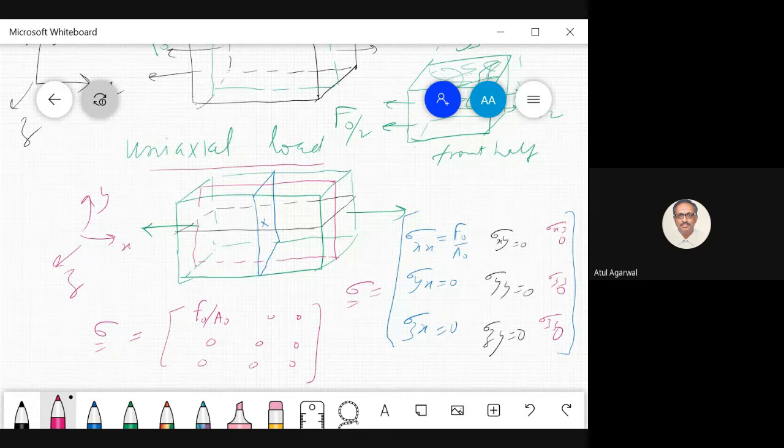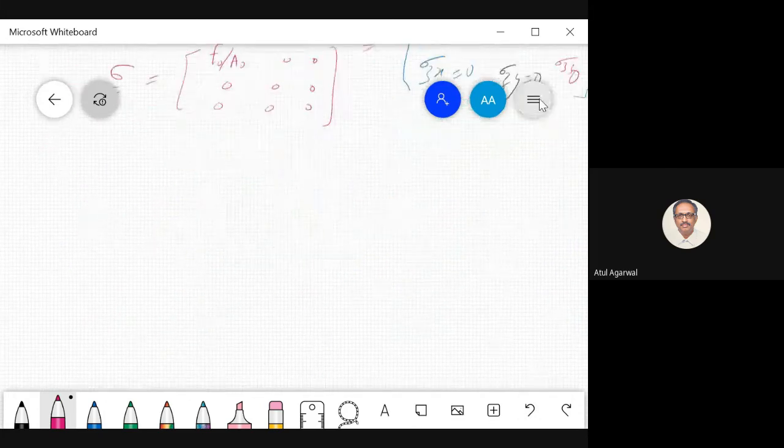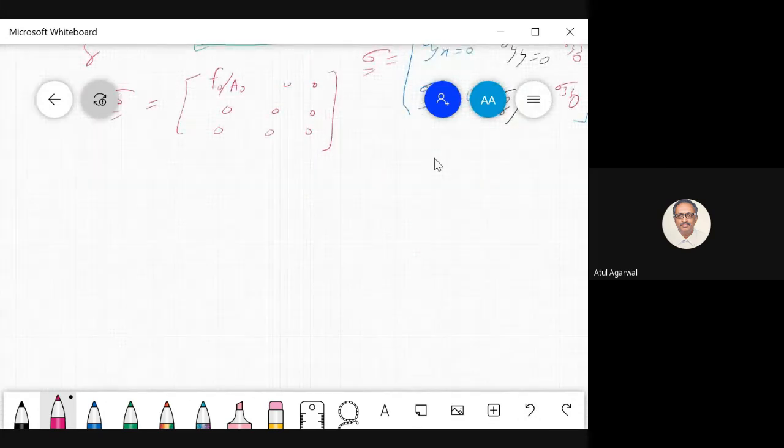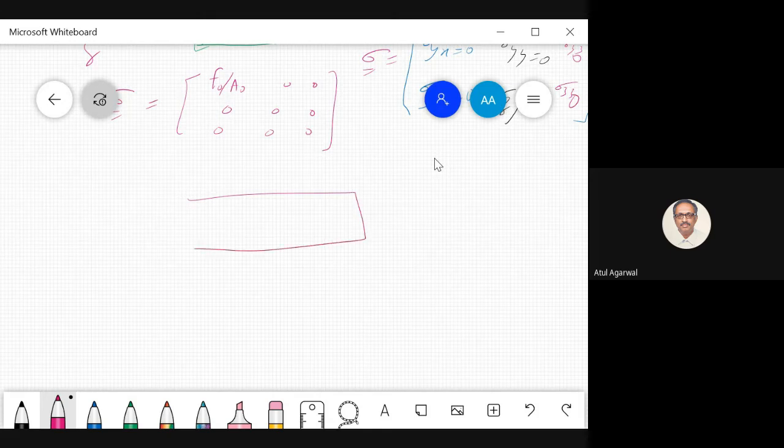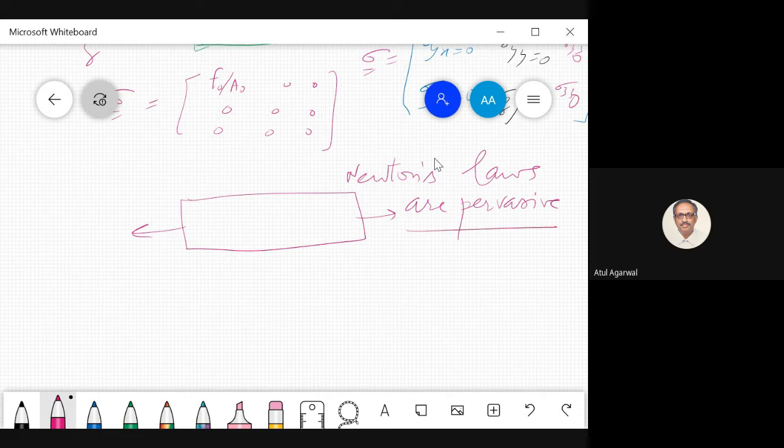Any problem with this? I apply a load. I told you Newton's laws are pervasive. What is the meaning of Newton's laws are pervasive? Pervasive means all pervading.